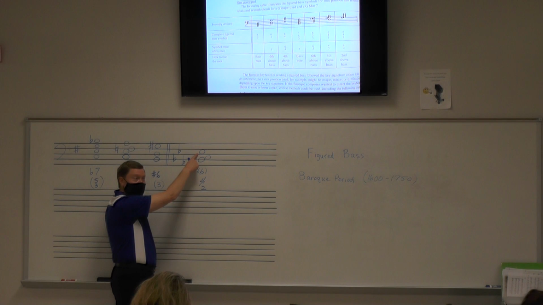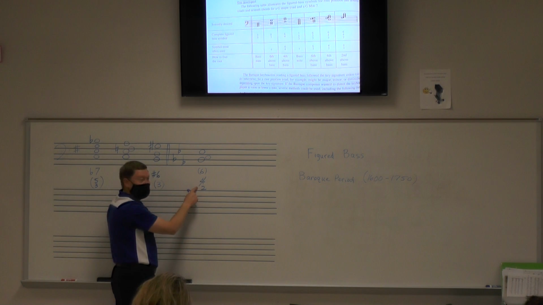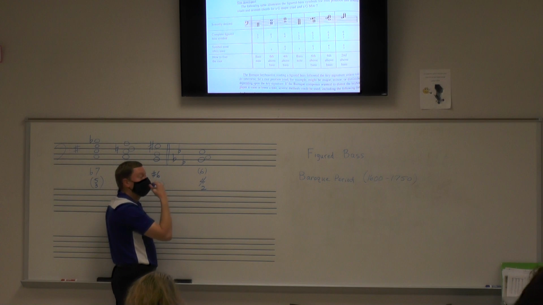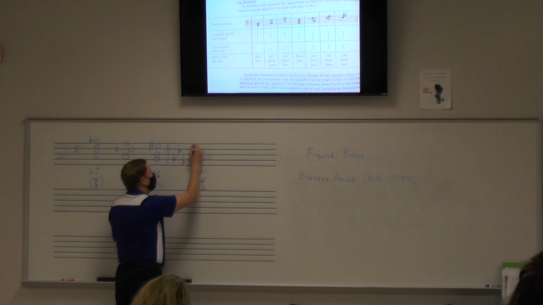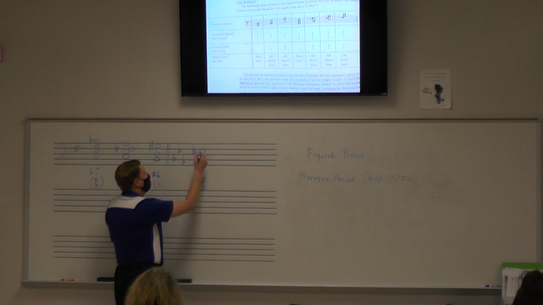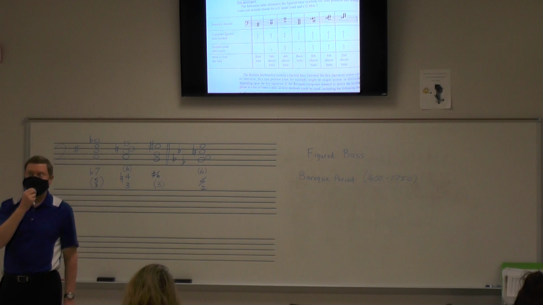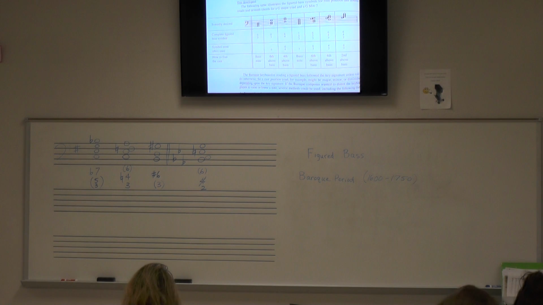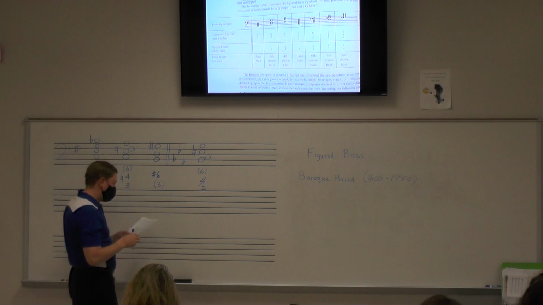But the slash means to raise that note a half step higher than what the key signature would normally make it. So I have to put a natural, and then a sixth above the bass to finish it off is a G. So it turns out my seventh chord is C, E, G, B flat. Not C, E flat, G, B flat.